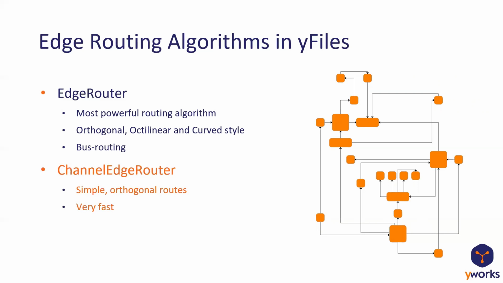It does not have a really complicated algorithm searching for the path, but it's quite simple. But the really interesting advantage is that it's really, really fast. So the routes may be really simple, but if you have a really large graph and the quality of a single route is not that important, then this might be a good fit for your use case. And it does not support things like bus routing and other more involved features that are supported by the edge router.